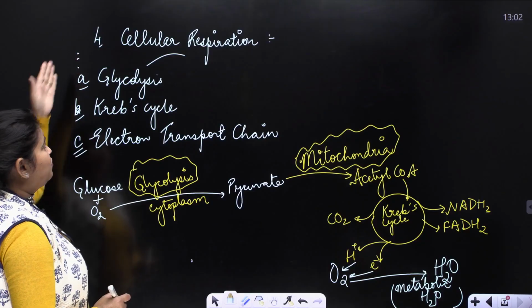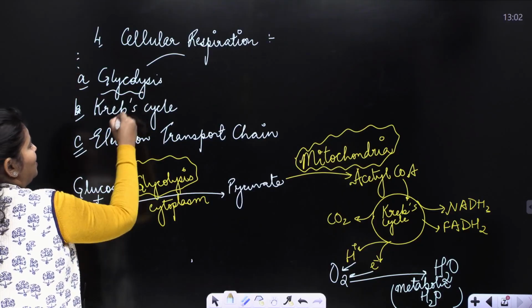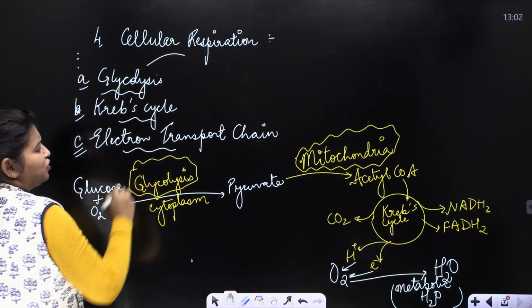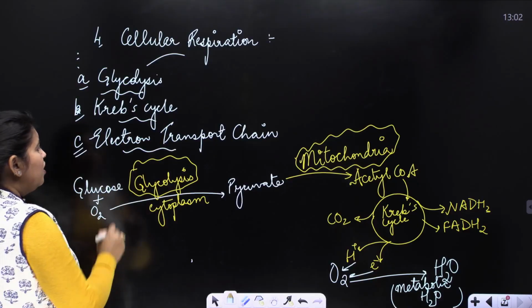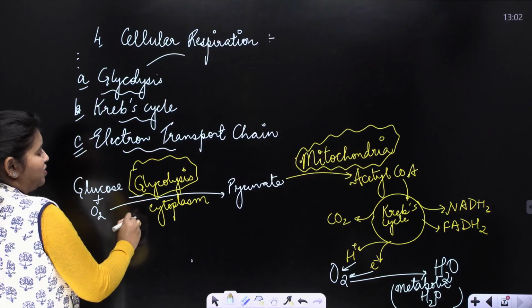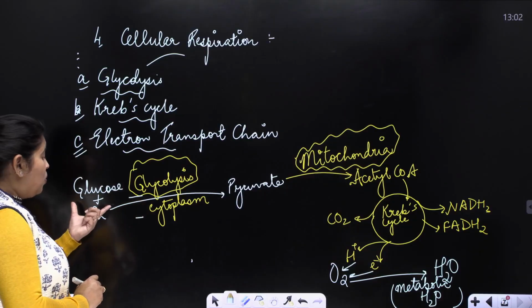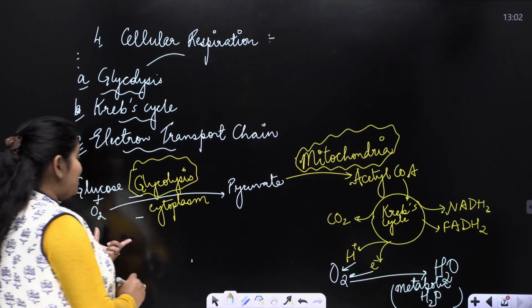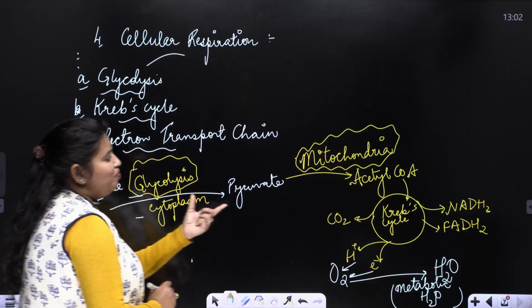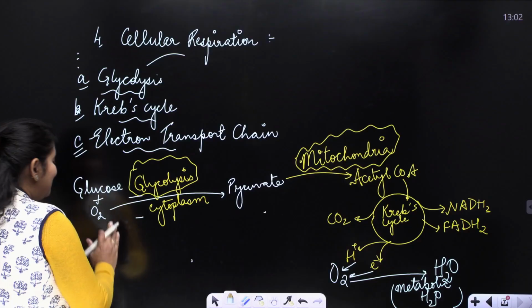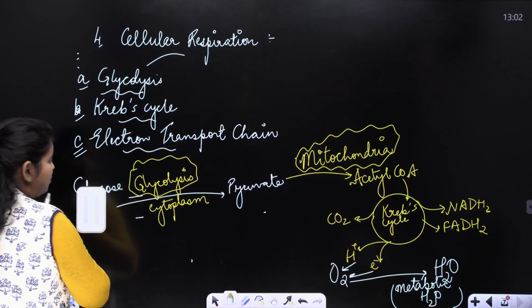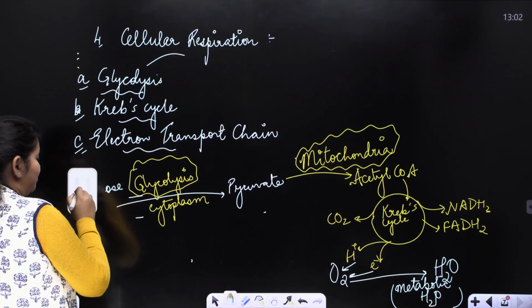The cellular respiration involves glycolysis, Krebs cycle, and the electron transport chain. The glycolysis happens in the cytoplasm. Glucose, in the presence of oxygen, we say it, but it changes into pyruvate. And this step does not require oxygen.